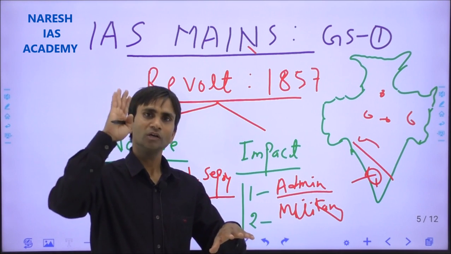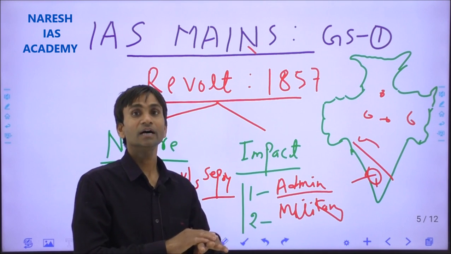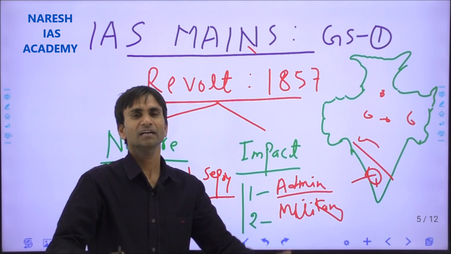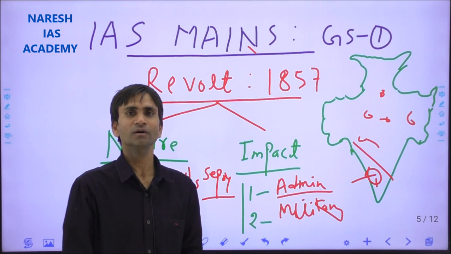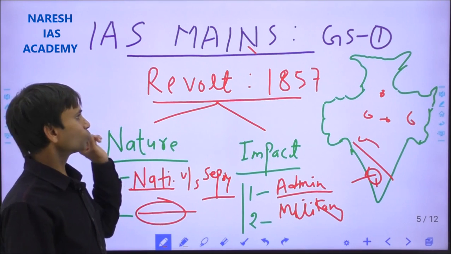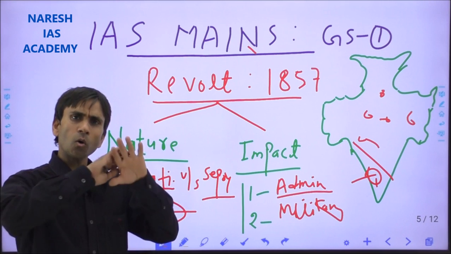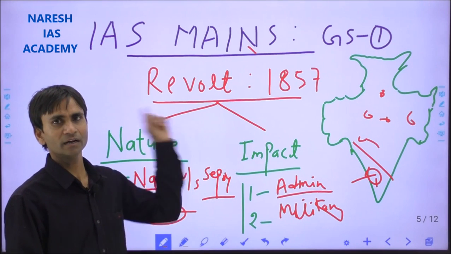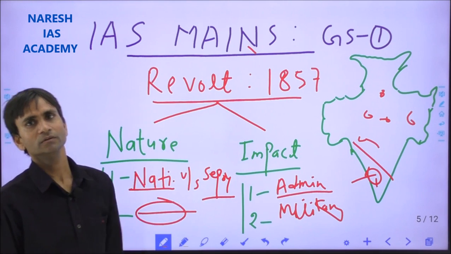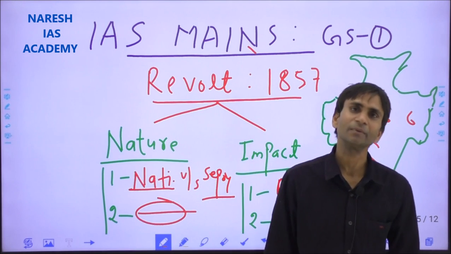It was not only continued, it was made deeper, and the roots of economic exploitation went into more depth. Okay, then you should try to understand the topic in this way, so that we can tackle all kinds of questions asked in previous years, and have our mental approach for meeting the challenges of the coming question papers. Thank you.